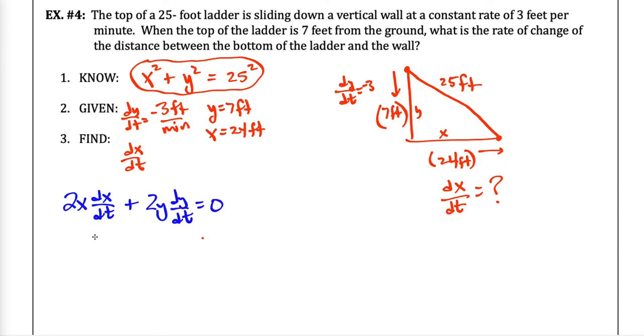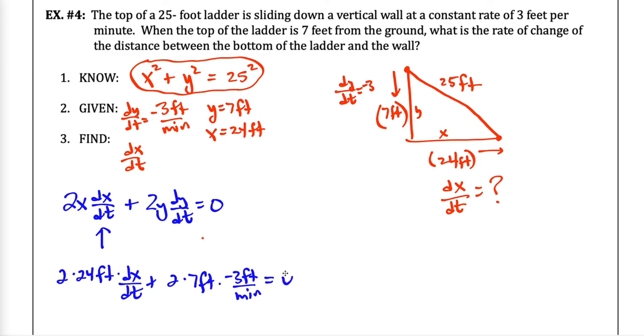And then we're just going to plug in the information we know, and we are trying to find dx/dt, so that should stay unfilled. So 2 times 24 feet dx/dt plus 2 times 7 feet times dy/dt, which is -3 feet per minute, equals 0.